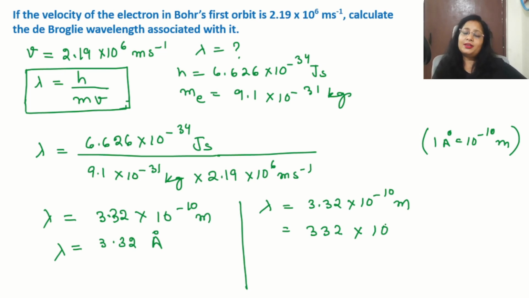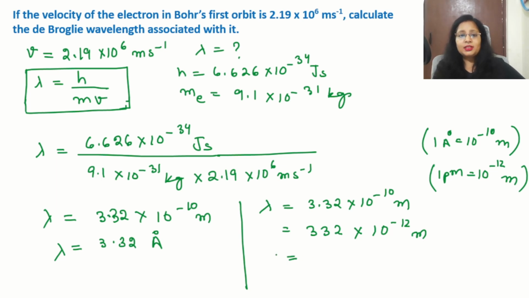So minus 10 and minus 2 become minus 12 meter. So we knew that 1 picometer is equal to 10 to the power minus 12 meter. So we can mention our answer in terms of picometer as well.